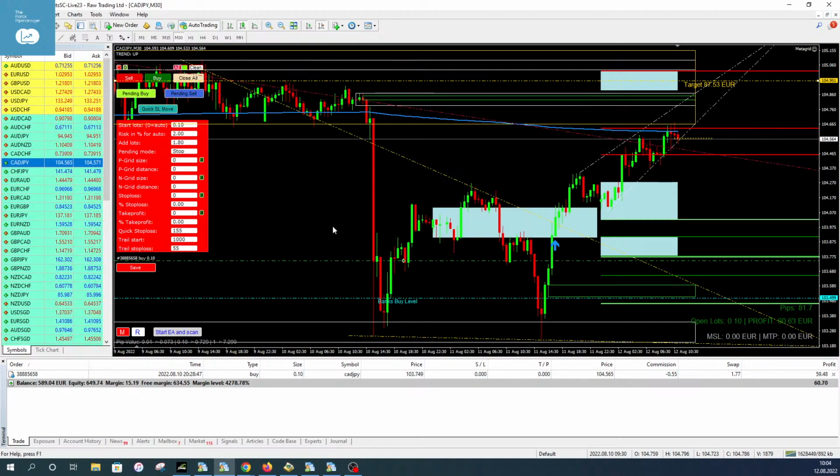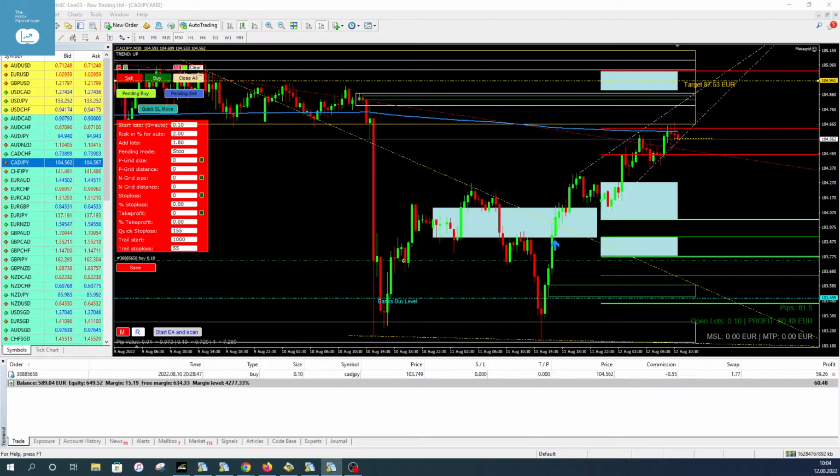So if the scanner is finished and ready, you will get a signal only if the M15 and the H1 time frames are in alignment and all rules are fulfilled. Let's see, I can open my demo MT4.